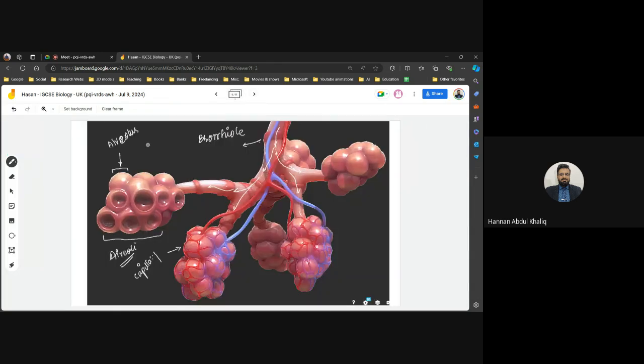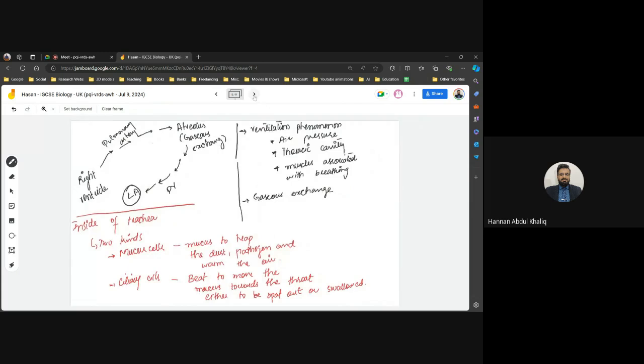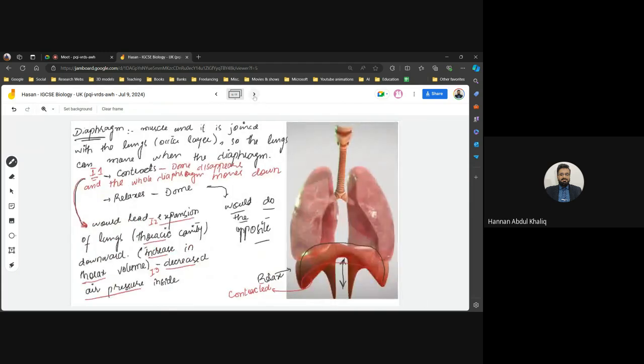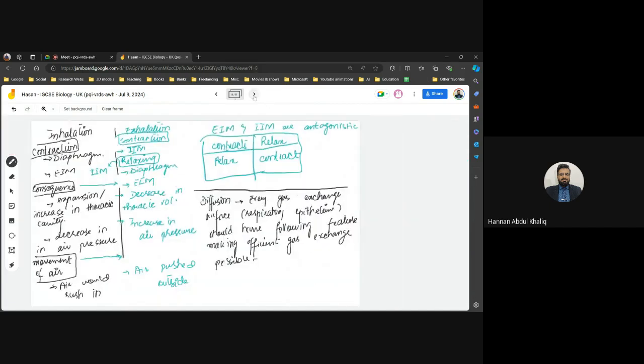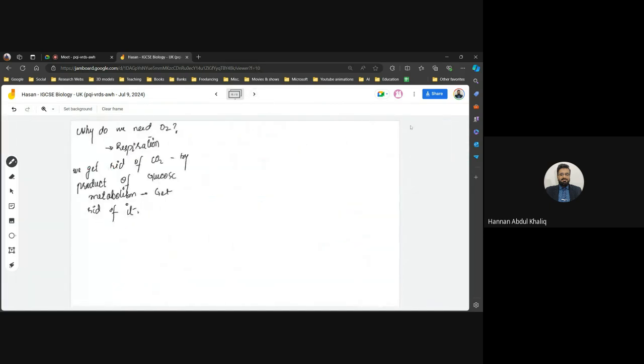Trachea, cartilage. No. Mucus cells, diaphragm. Okay. Actually, our brain is the most sensitive one. Brain is the most sensitive one for the concentration of carbon dioxide. For carbon dioxide concentration in the body.